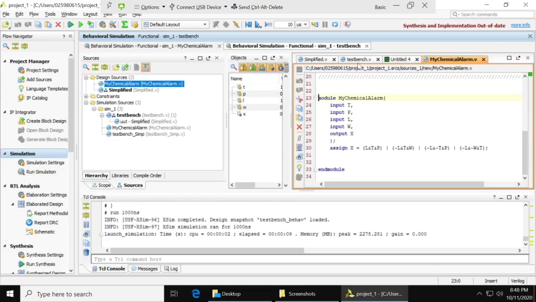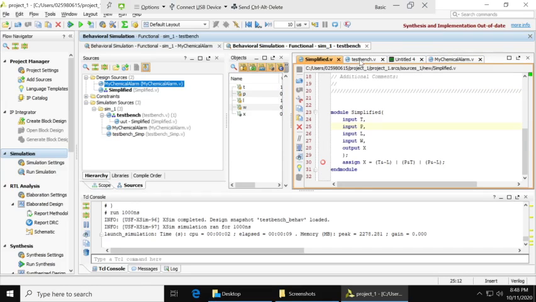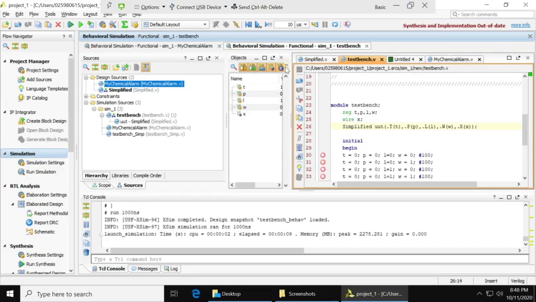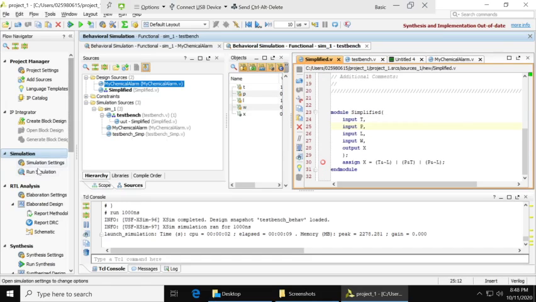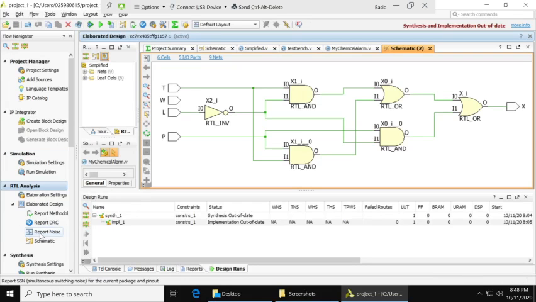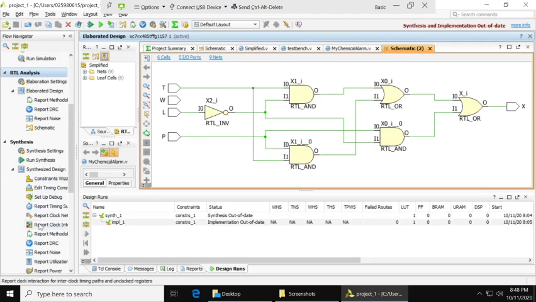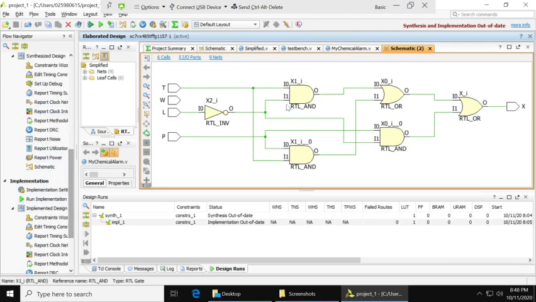Right now I have the simplified version with its test bench. I had that synthesis run, so the schematic looks like that. I'll show you more in the document.